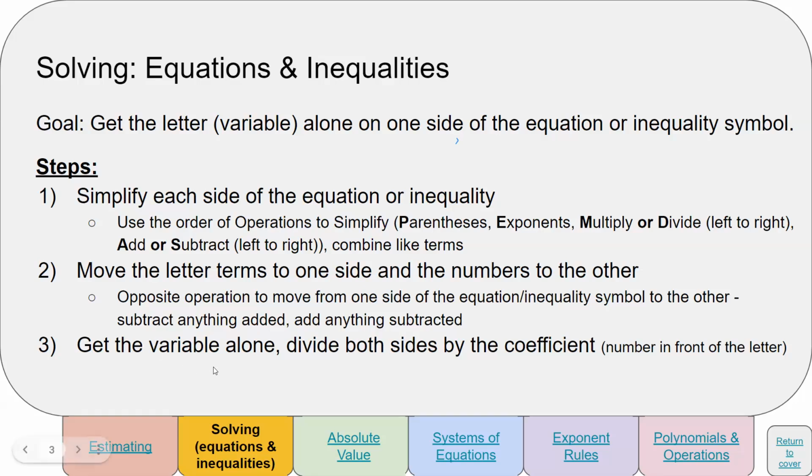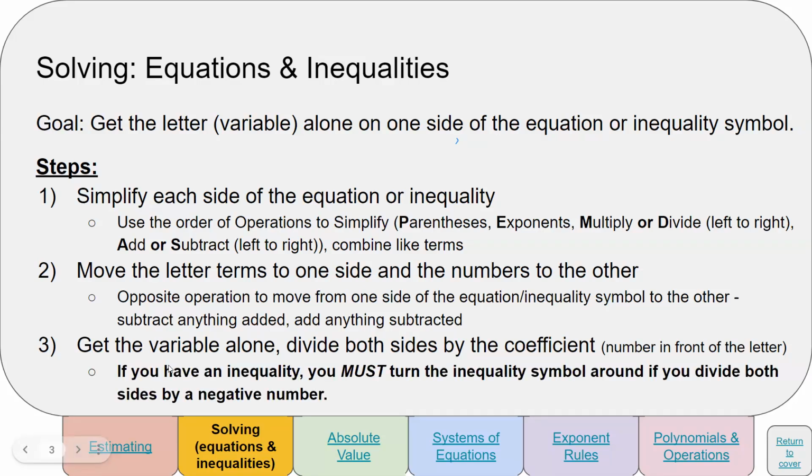If you have an inequality, the one thing you have to remember, and this is the only thing that's different for an inequality versus an equation, is if you multiply or divide both sides by a negative number, you have to turn the inequality around. So in that last step, if the coefficient on the variable was negative, you would have to switch the inequality around as you're getting rid of it.